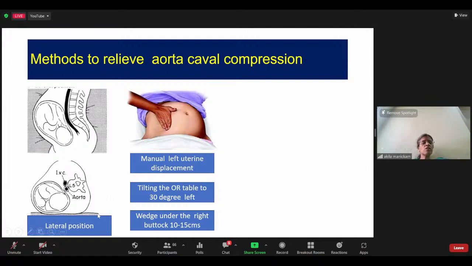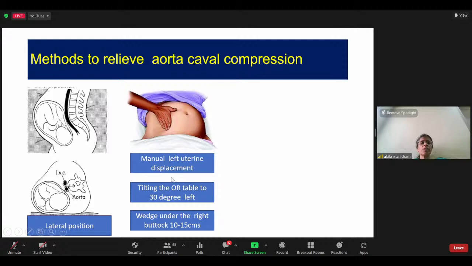One method is to position your patient completely lateral when he or she is not anesthetized. This will relieve the aortocaval compression, and automatically there is improved venous return and your symptoms get relieved. The next thing, especially when the patient is given regional anesthesia and there is hypotension and you have given vasopressors, is that to relieve the aortocaval compression it is very important to do a manual uterine displacement.